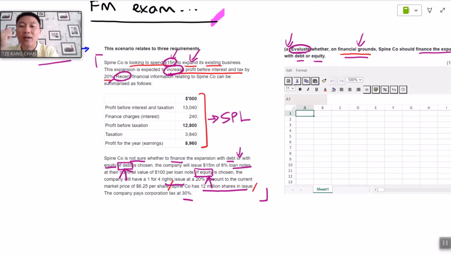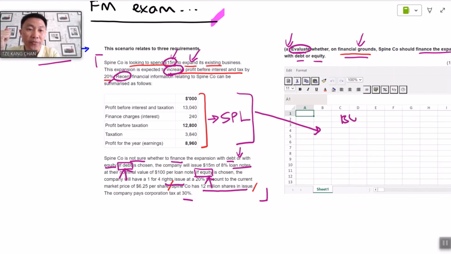First step, copy the entire template into Excel, starting with the figures before the change, which is exactly shown by this column.